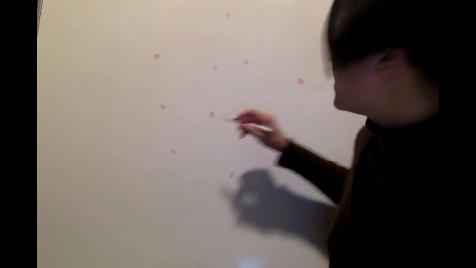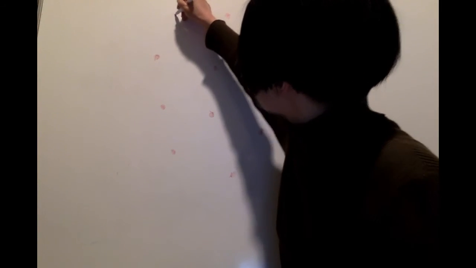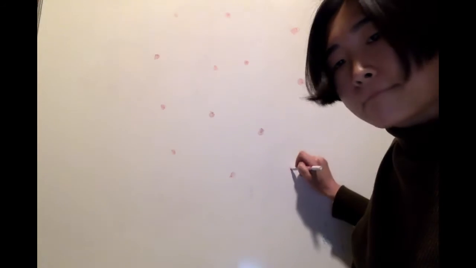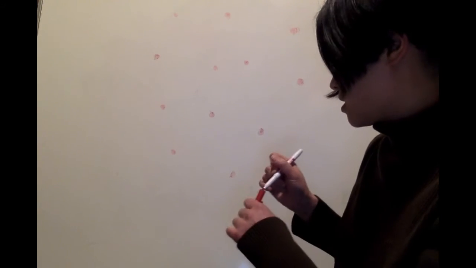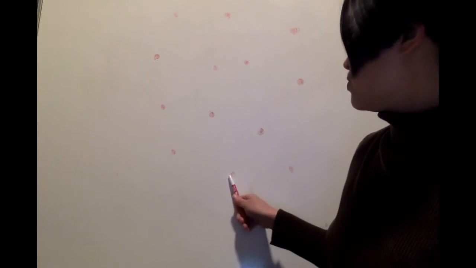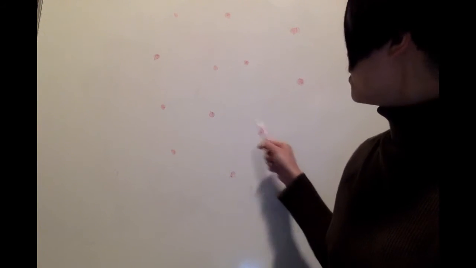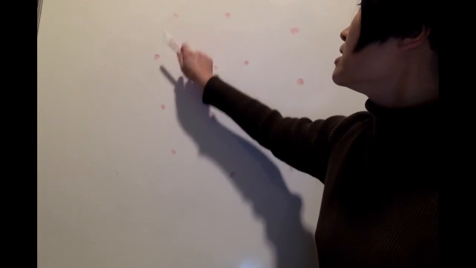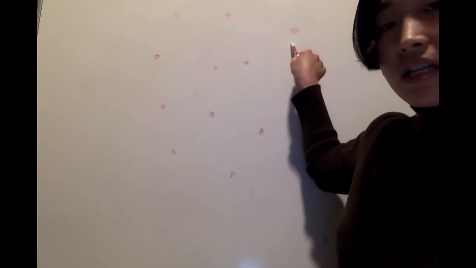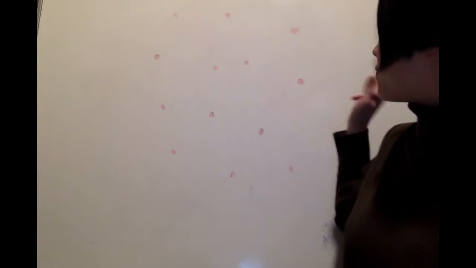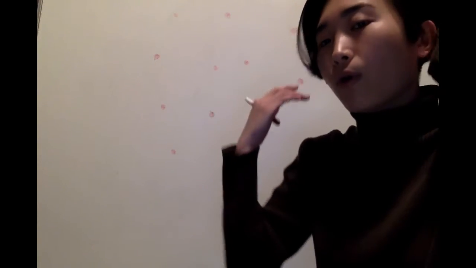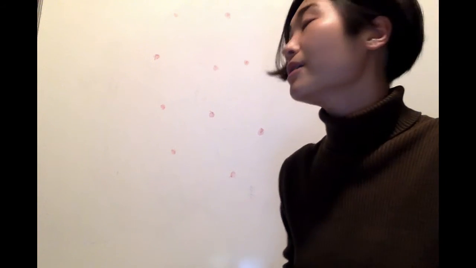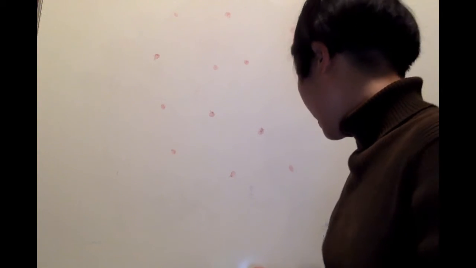And let's see how many dots I have. Okay, 1, 2, 3, 4, 5, 6, 7, 8, 9, 10, 11, 12, 13. Oh, similar to before, I have 13 dots. You can have more or fewer dots, as I've said before.